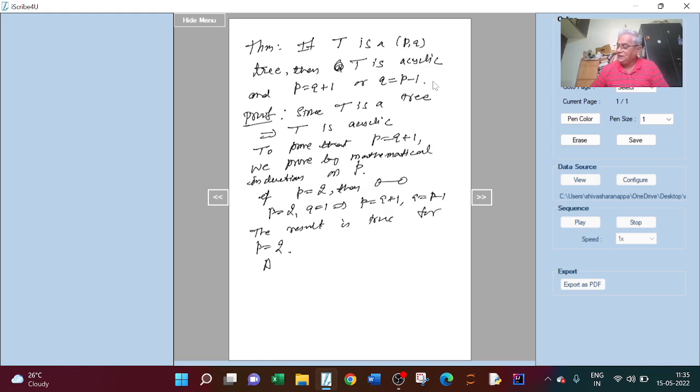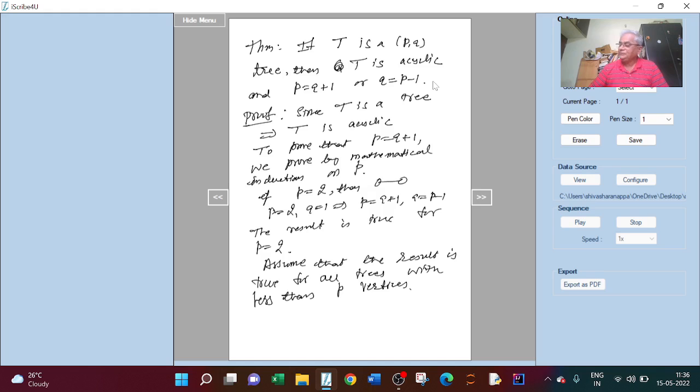Now we assume that the result is true for all trees with less than P vertices.